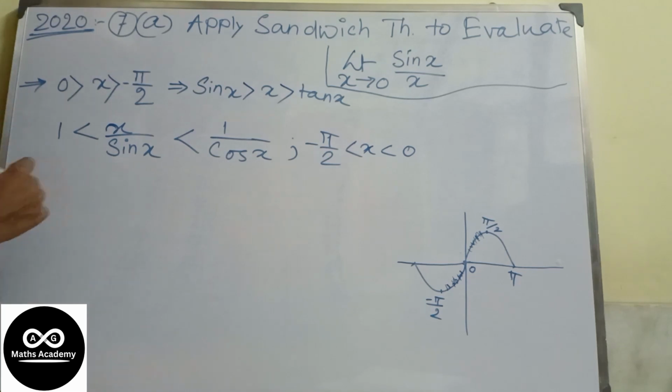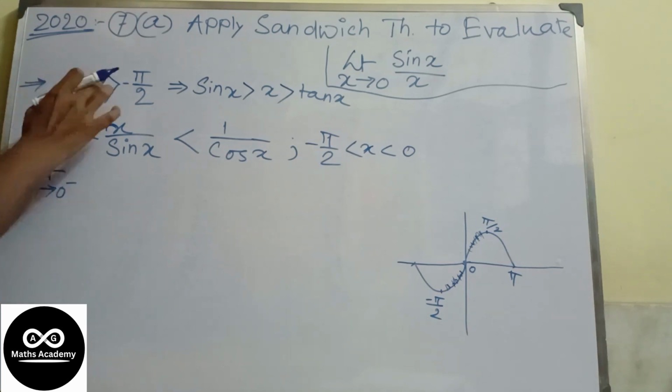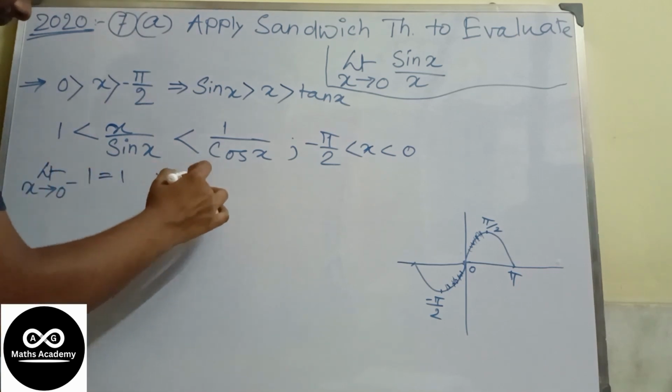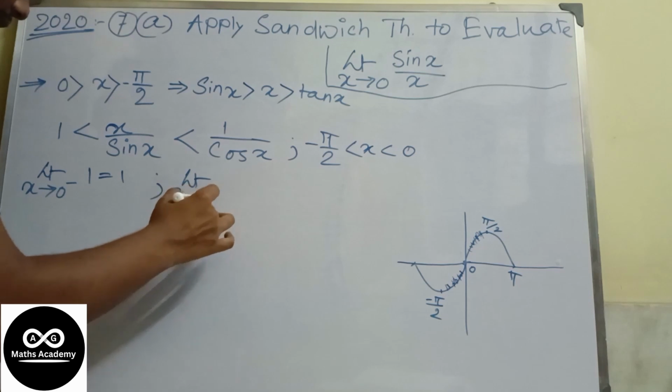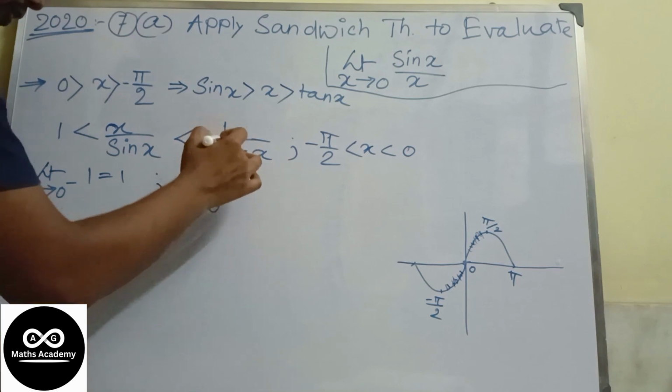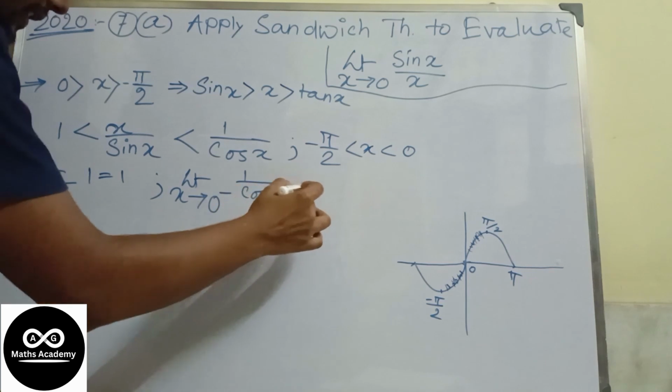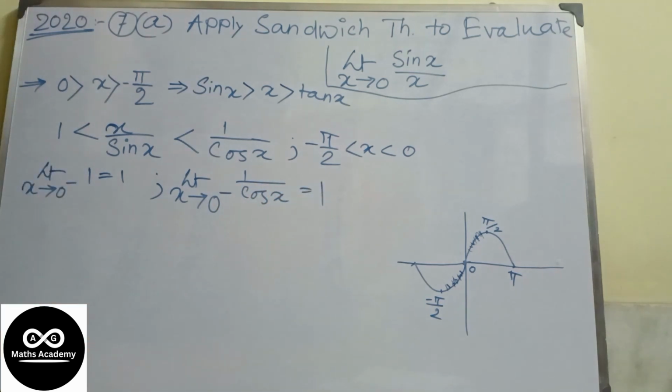Same as before, the limit as x tends to 0 minus, as x is less than 0, of 1 will be 1, and the limit as x tends to 0 minus of 1 by cos x will also be 1.